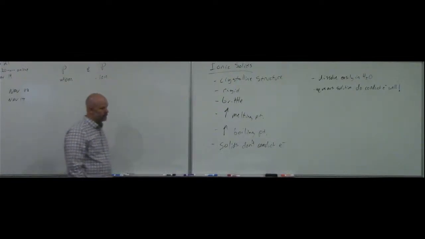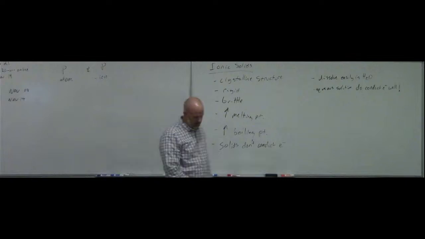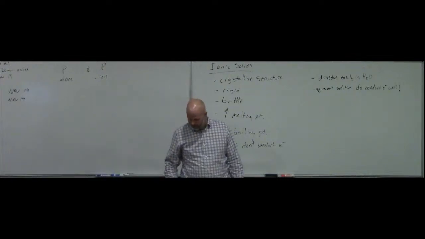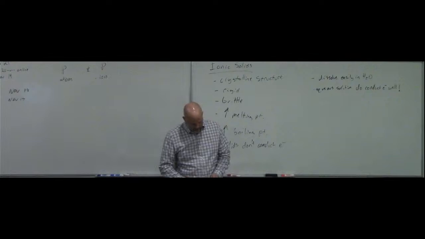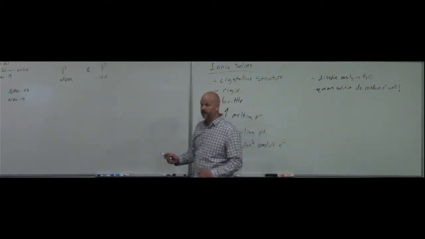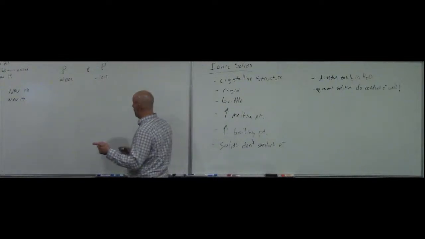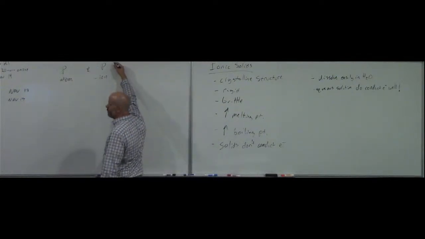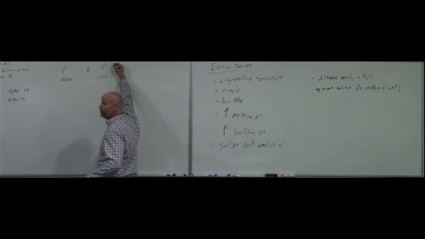So take a look at where phosphorus is at. It's down below nitrogen. Say it again. Its negative ion is going to have how many? 3.